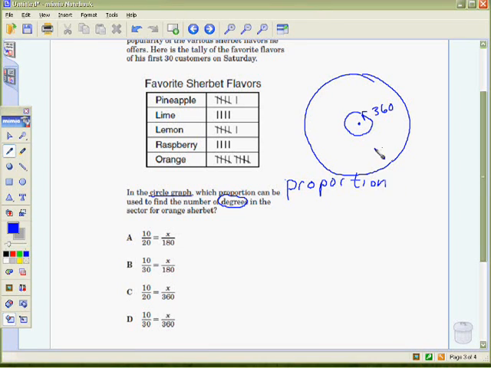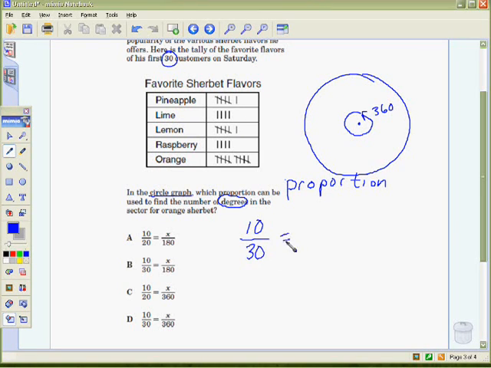And I'm going to use this information about 360 degrees being in a circle. So I have 10 people that say orange is their favorite, 10 out of a total of 30 customers.